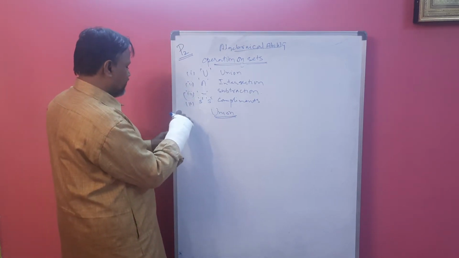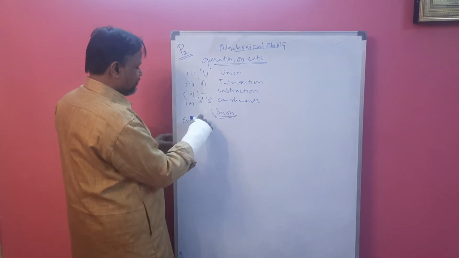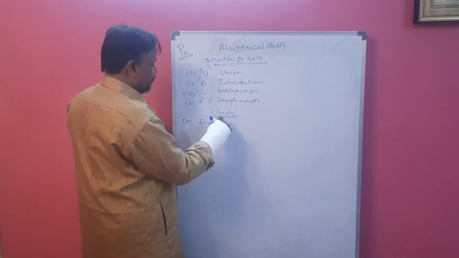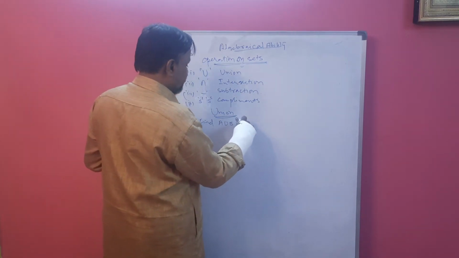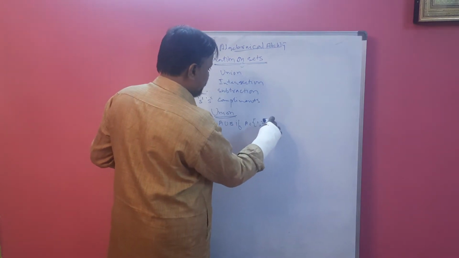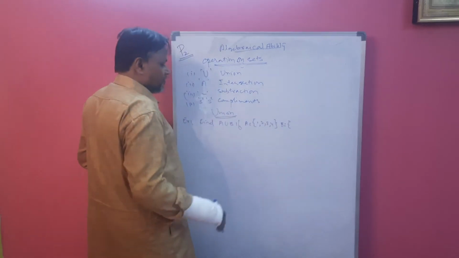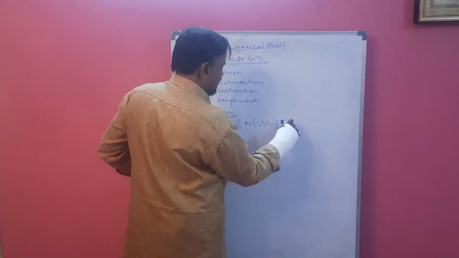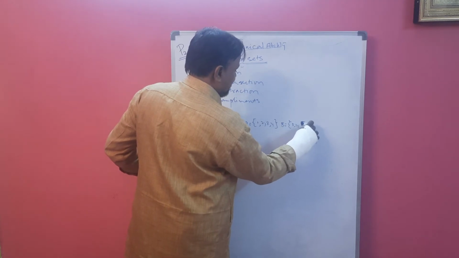Example of union. Suppose for the first example we take, find A union B, if A equals 1, 2, 3, 4 and B equals 3, 4, 5, 6, 7.